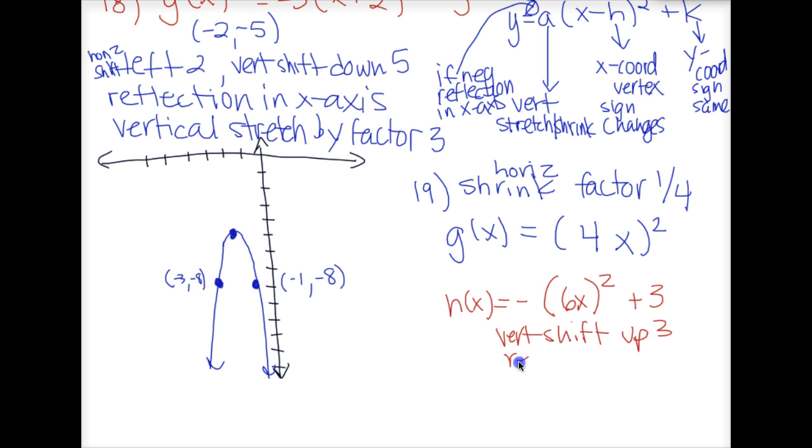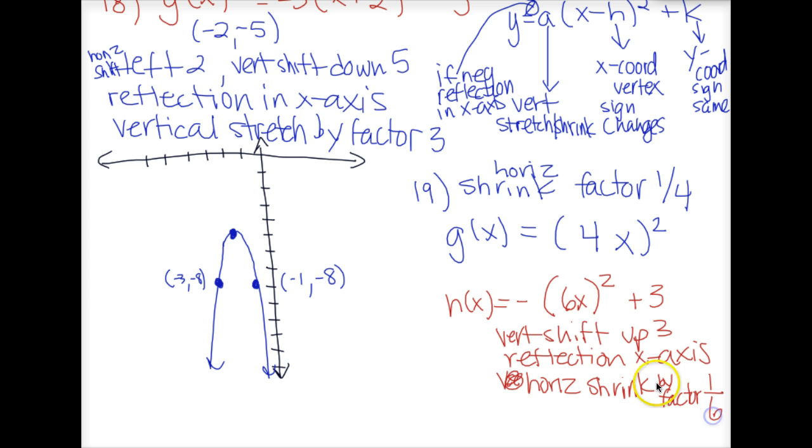The negative means it has a reflection in the x-axis. This 6 means that that is a horizontal shrink. When they're big numbers, bigger than 1, that makes it a shrink. In this case, by factor 1/6. So make sure when you see this that you do the reciprocal there.